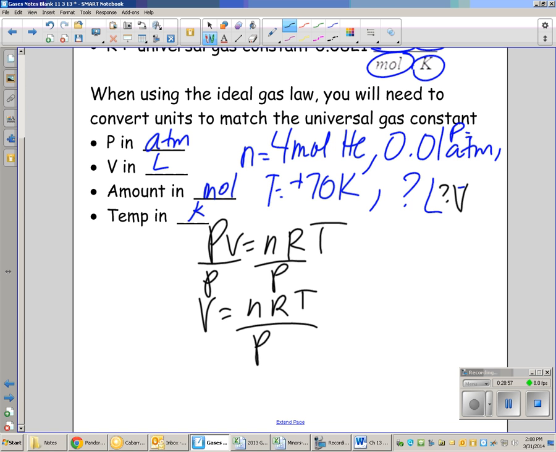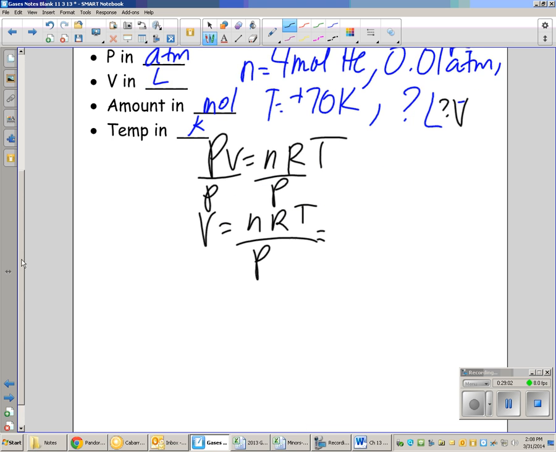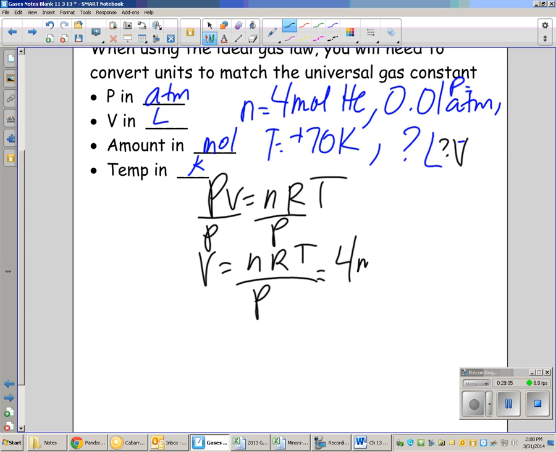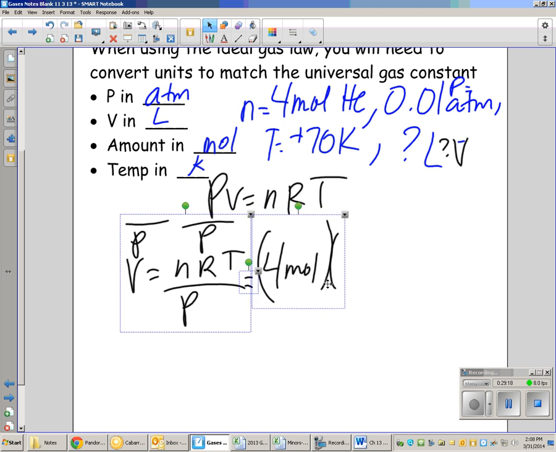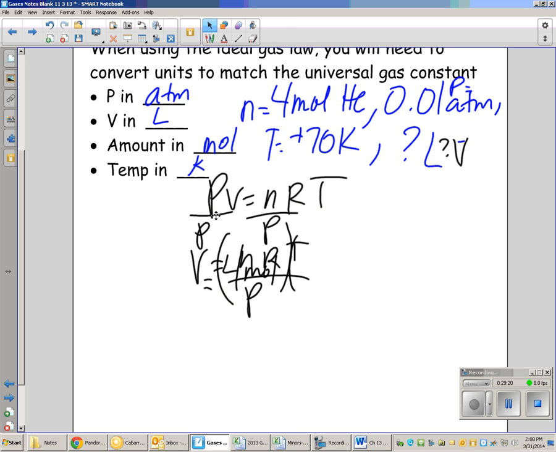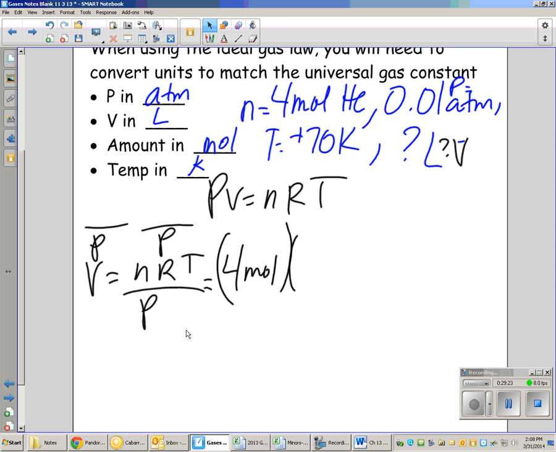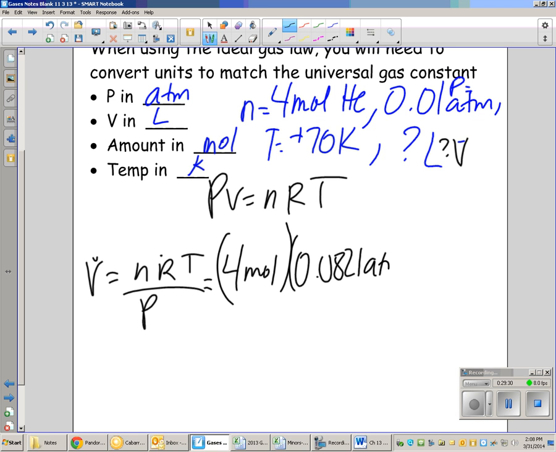Now let's plug it in. What was my n value? 4 moles of helium, right? So 4 moles. What's my R value? I'm going to write this out so that you can see how we're going to cancel the units together here. 0.0821 atmosphere liters per mole Kelvin.